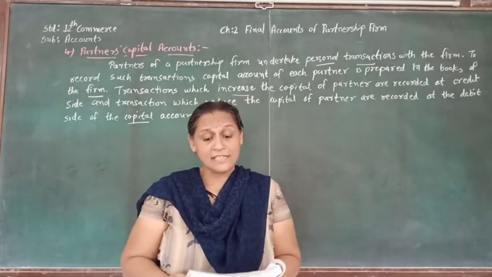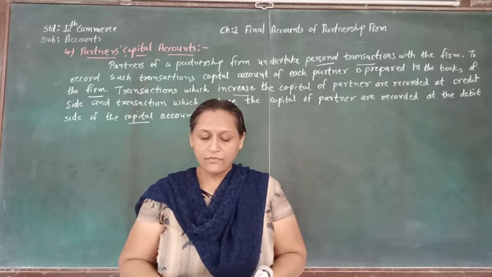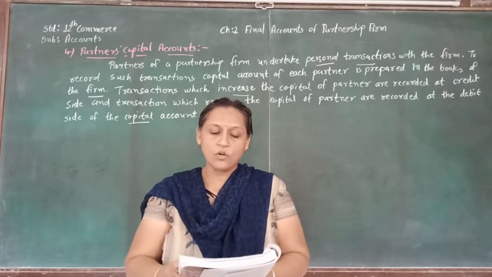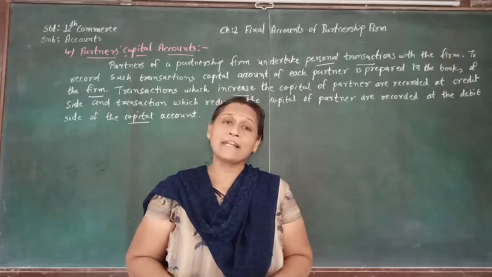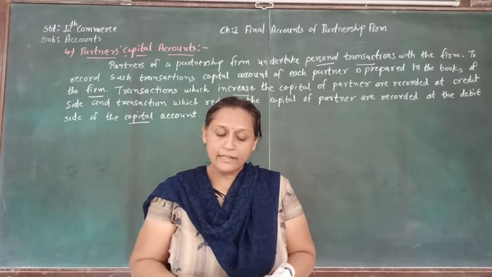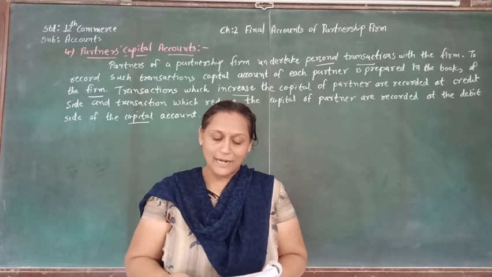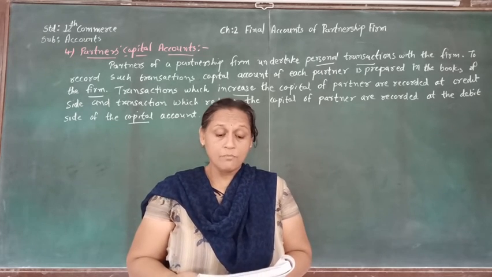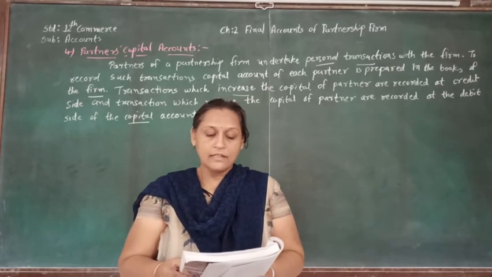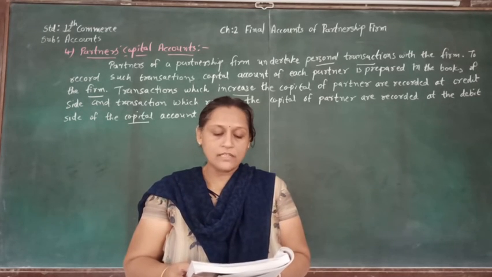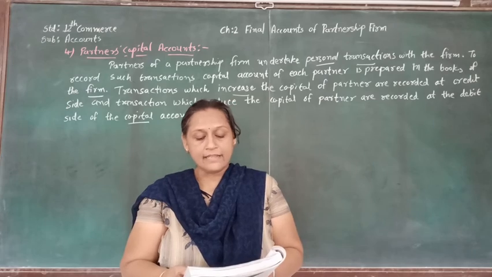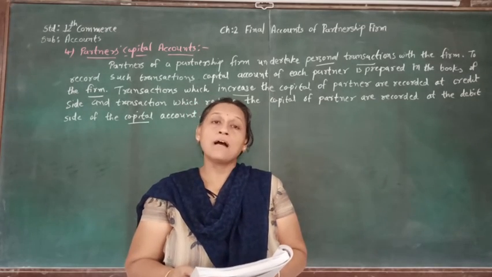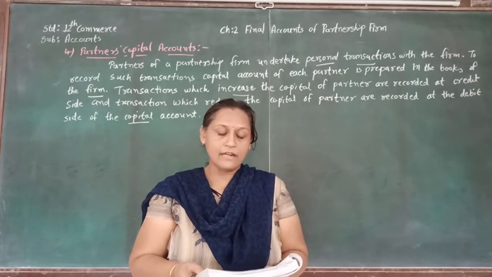And on the credit side of partner's current account, the very first thing is balance brought down, that is the opening credit balance. If the balance is a credit balance, it is supposed to be on the credit side of partner's current account. Then by interest on capital, the next is interest on credit balance of current account, and then by salary, by bonus, by commission, and by remuneration.